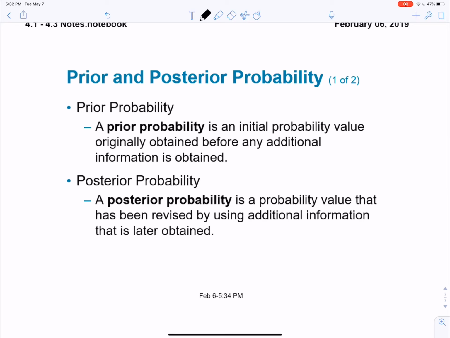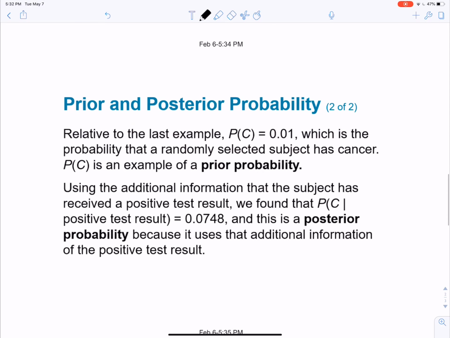Now, part of what we just dealt with was prior probability and posterior probability. A prior probability is an initial probability value originally obtained before any additional information is obtained. The posterior probability is a probability value that has been revised by using additional information later obtained.